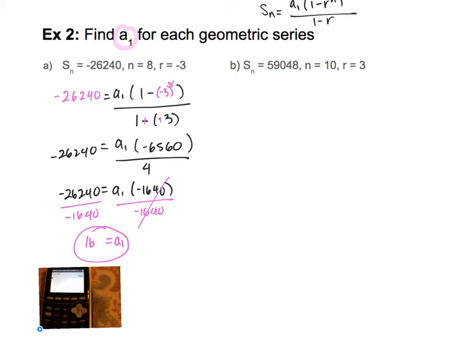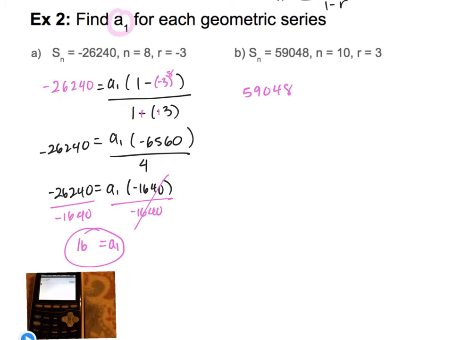So if I plug in everything, I have 59048 equals A1, which I don't know what that is, times, in parentheses, 1 minus r. R is going to be 3 to the 10th power this time, because n is 10. And now I'm going to put it over 1 minus r. R is 3.